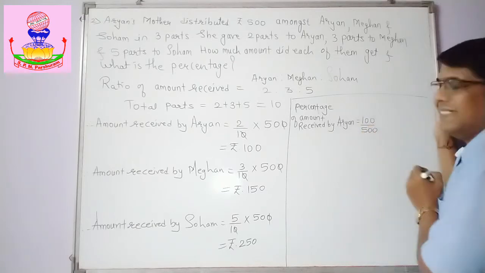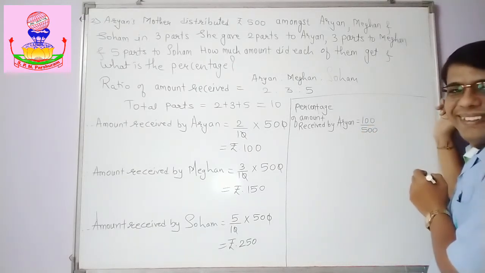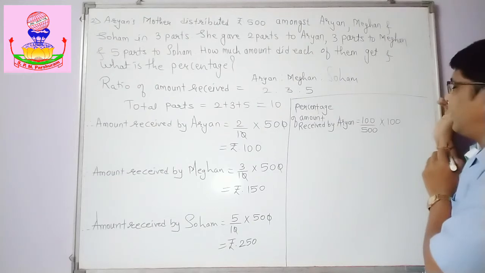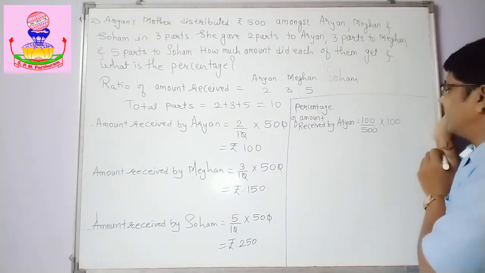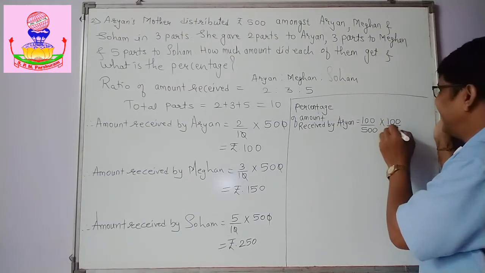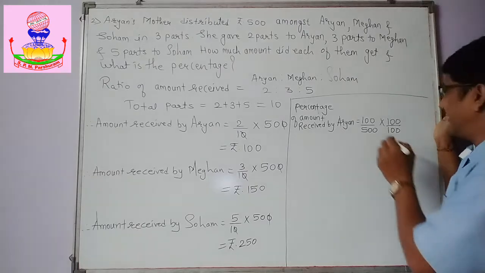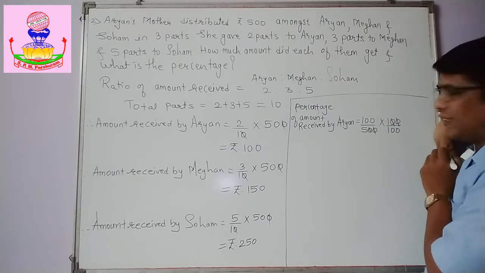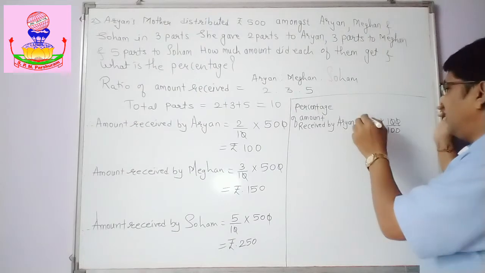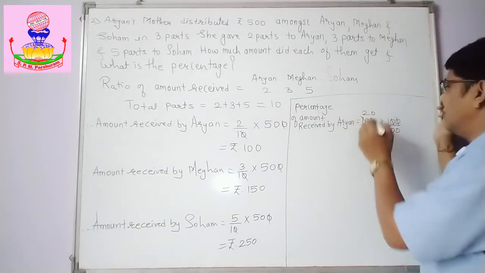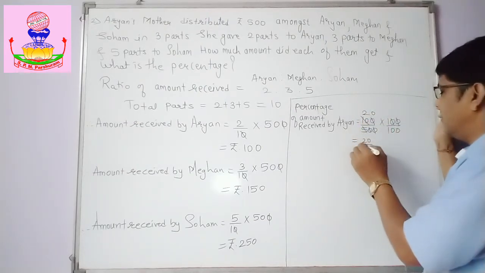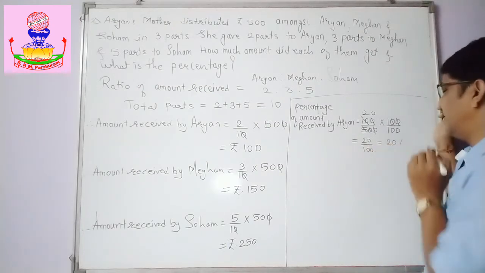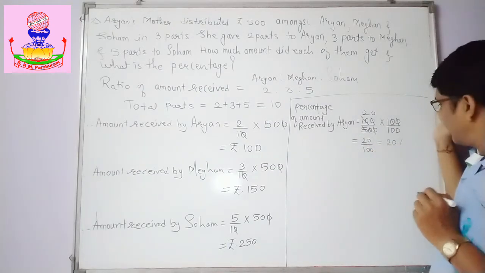What was the total amount? 500. And for percentage, multiply by 100 upon 100, right? Okay, so 1 2 1 2. 5 ones are 5, 5 twos are 10, 5 zeros are 0. So 20 upon 100 means what? 20%. Do you get it?